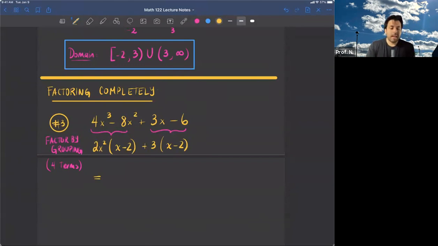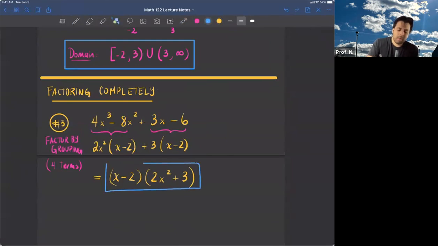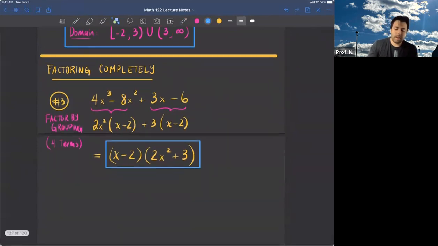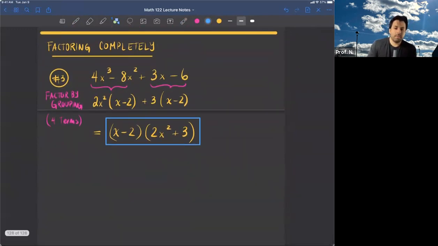Now I can factor out an x minus 2 in both of these expressions. So I can factor an x minus 2 out, and I'm left with 2x squared plus 3. And therefore, I am done. That is the factorization of number 3.